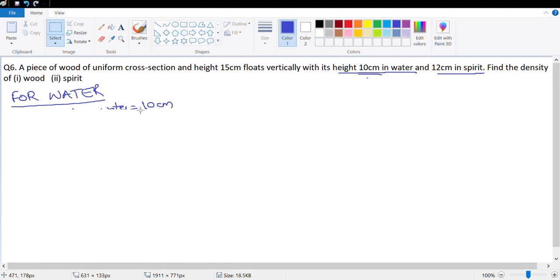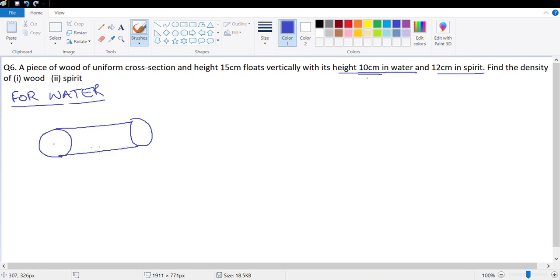I hope you remember how to calculate volume of a substance which has regular cross section. For example, let's say this is your pipe which has a regular cross section, then the volume of this pipe will be equal to area of cross section multiplied with length or height, whichever way you look at it.